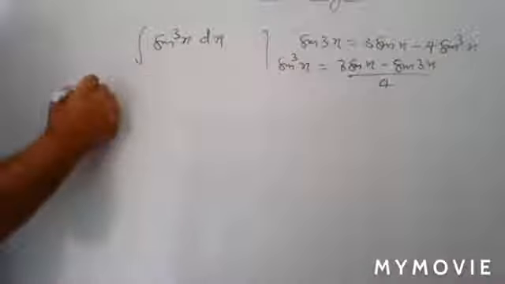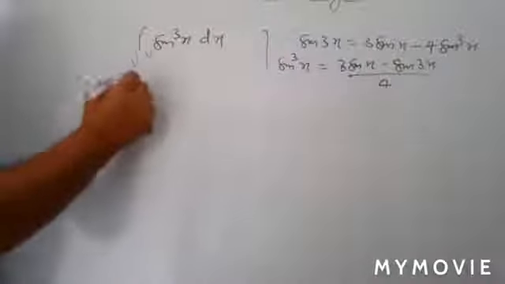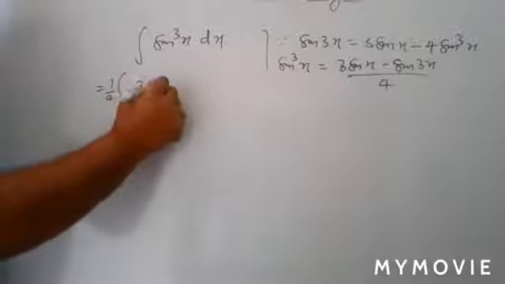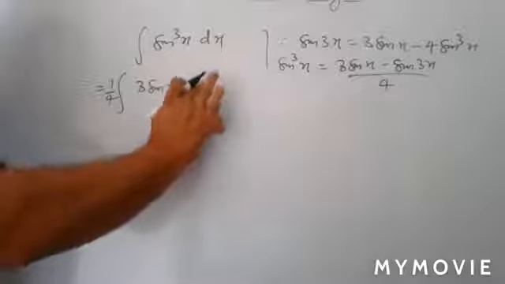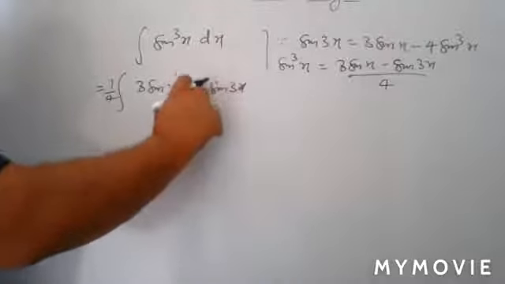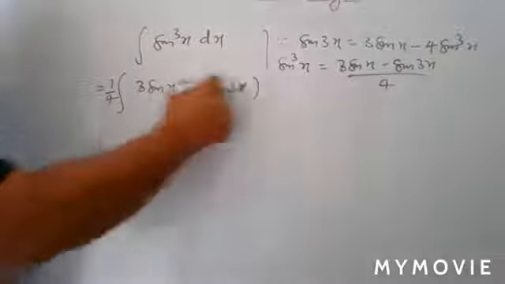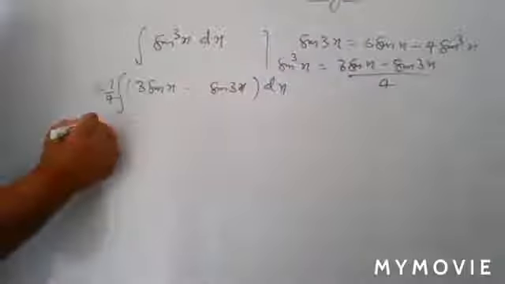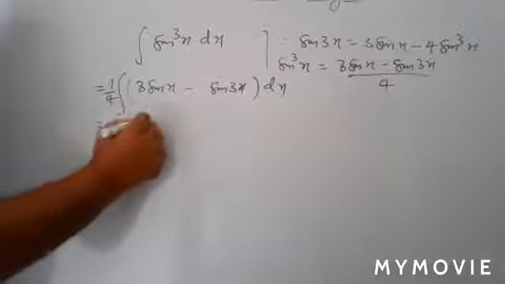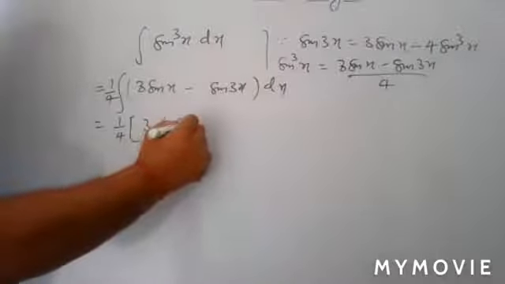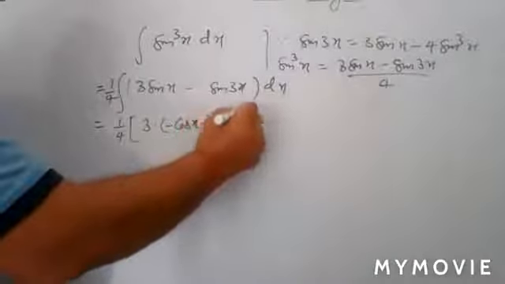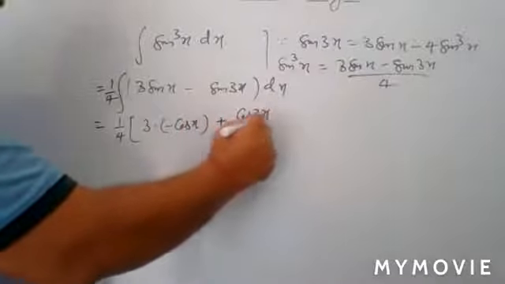So in place of sin cube x, you write here 1 by 4 (3 sin x minus sin 3x) dx, understand? And integrate it. So you have 1 by 4, here you have 3, integration of sin is minus cos x, and here you have plus cos 3x by 3.